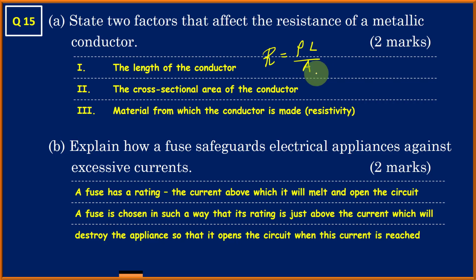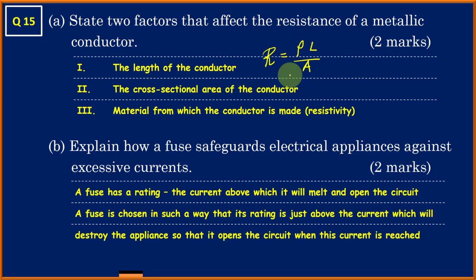These are the factors, but we were not asked to state how each one of them affects the resistance. If that was given, we would have said resistance is directly proportional to the length, it is inversely proportional to the cross-section area, and resistance of a given material is proportional to the resistivity of the material.